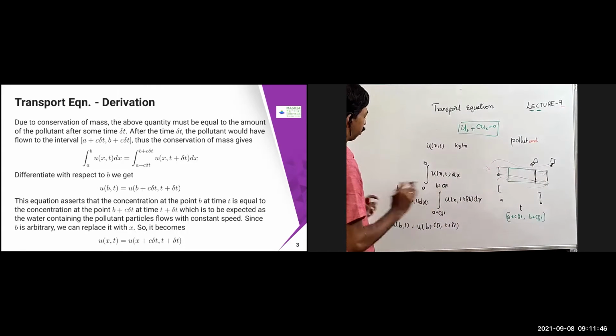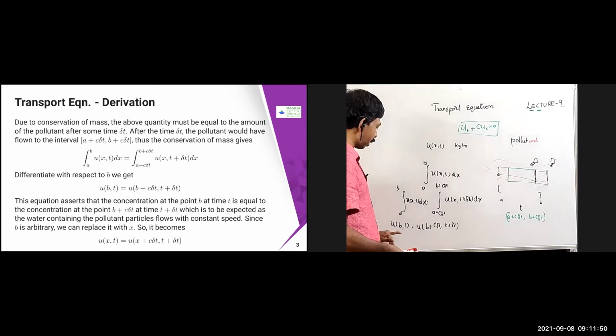So both are the same. The concentration at (b, t) and the concentration at (b + c Δt, t + Δt) are expected to be the same.